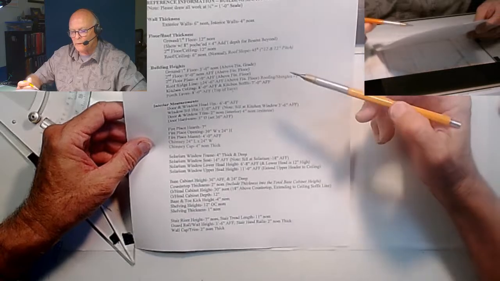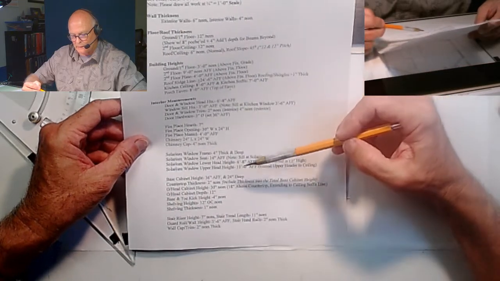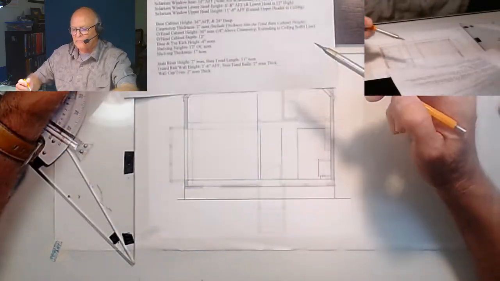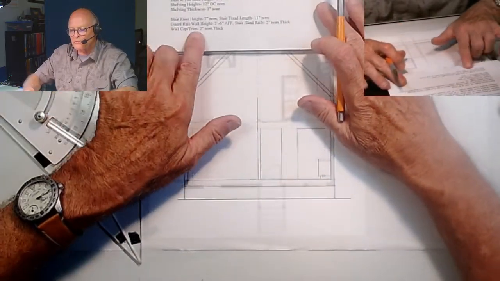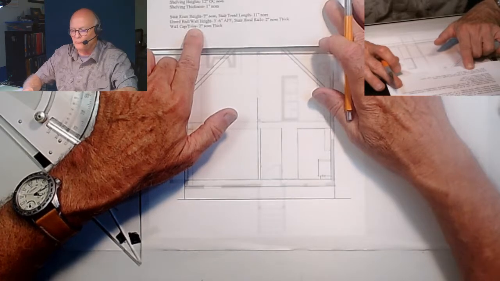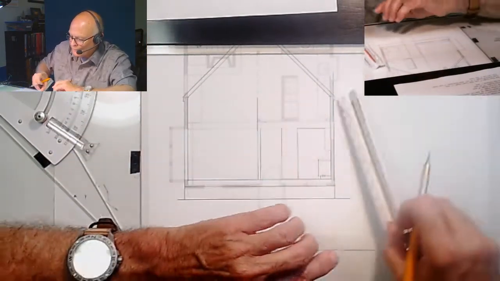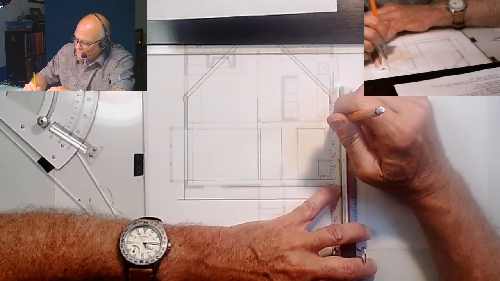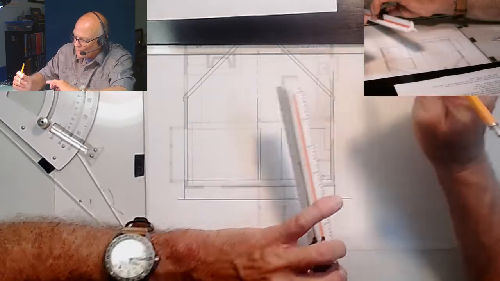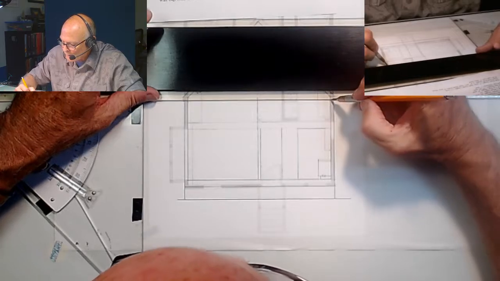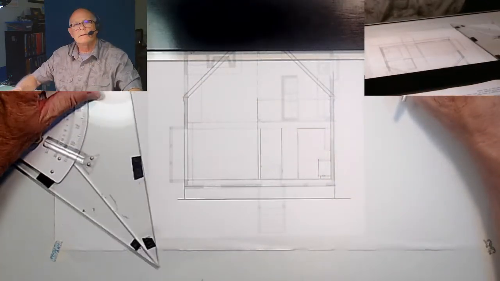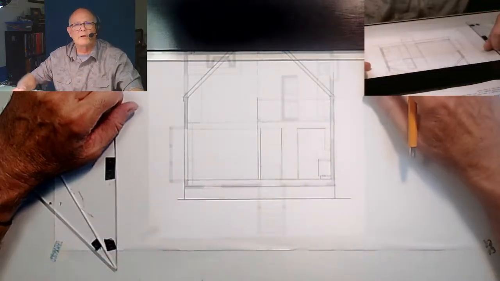So as we look at the elements here, what we see is that there's a wall height that's 3'6" from the finished floor. So if we go on the second floor, we go 3'6" up. That's going to put us right there. That's the railing that keeps people from falling off the loft.